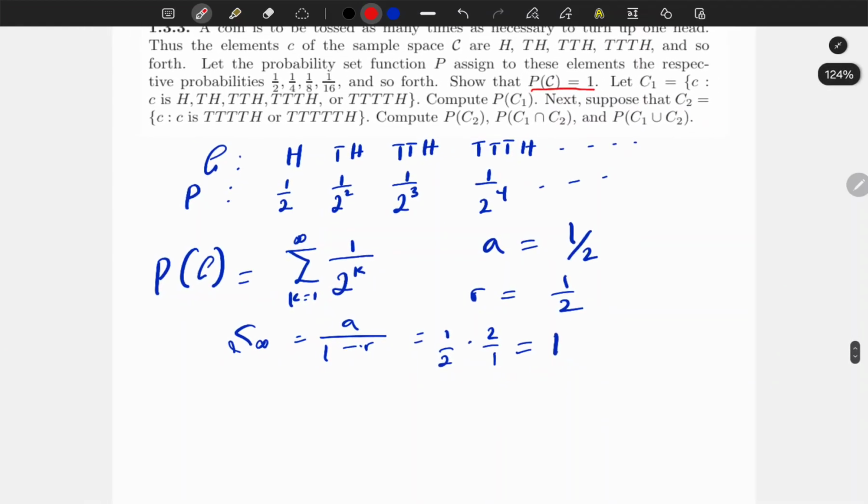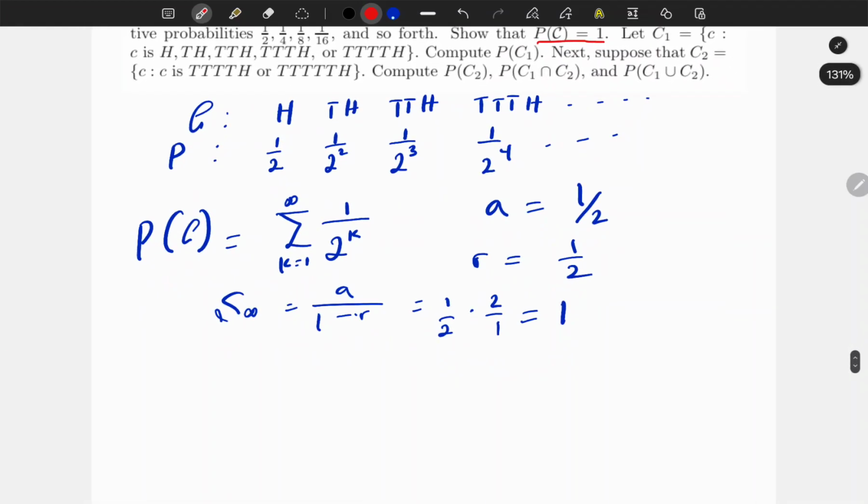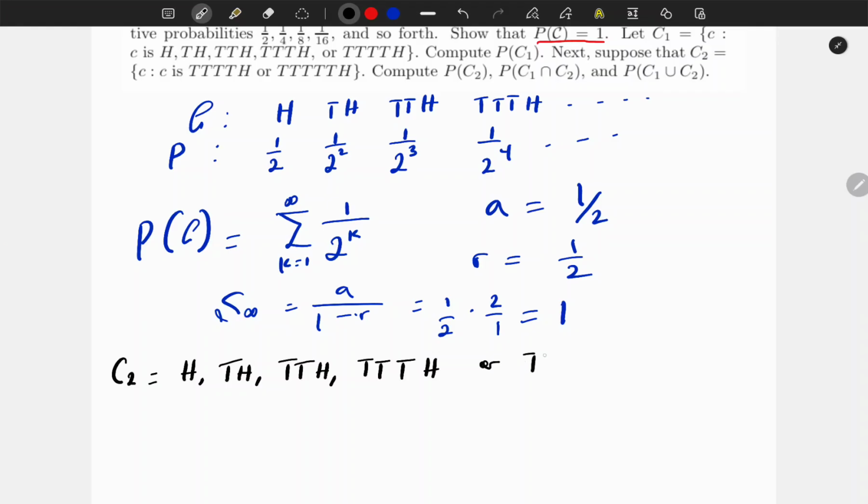Okay, so the next one, we have C2 equal to HTH, TTH, TTTH, or TTTTH.